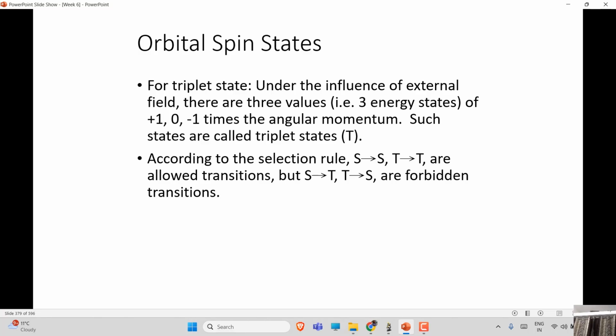Such states are called triplet states. According to the selection rule, S to S and T to T are allowed transitions, but S to T and T to S are forbidden transitions, like singlet to triplet and triplet to singlet.